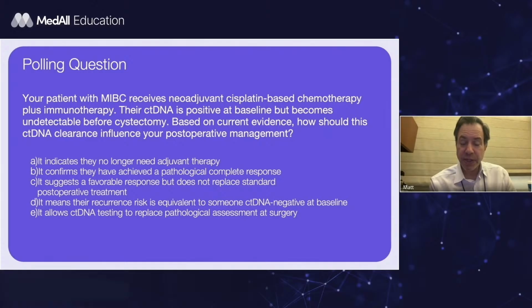B, it confirms that they achieved a pathological complete response. C, it suggests a favorable response but does not replace postoperative treatment. D, it means that their recurrence risk is equivalent to someone with ctDNA negative assays at baseline. And E, it allows ctDNA testing to replace pathological assessment at surgery. Please go ahead and log in your answers.